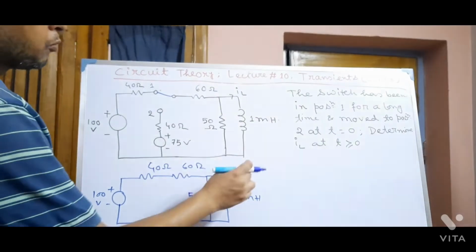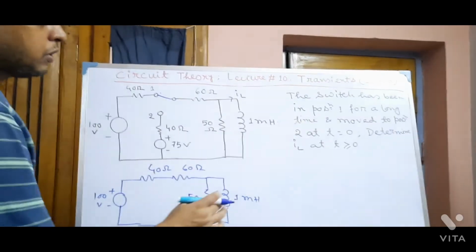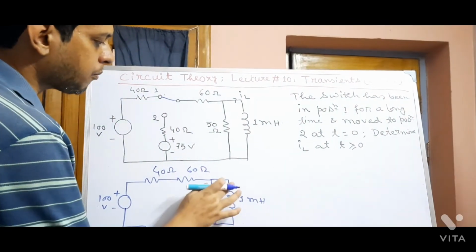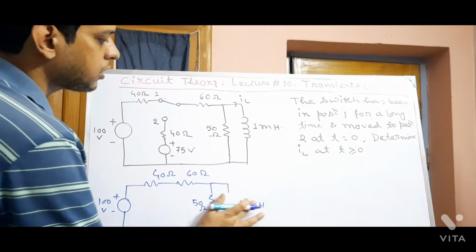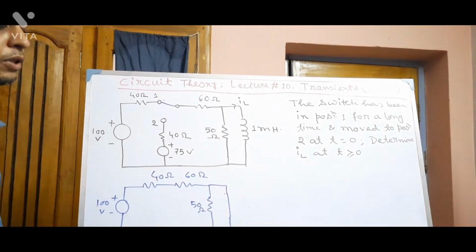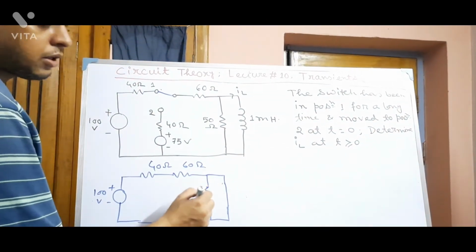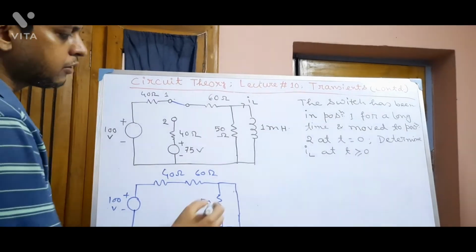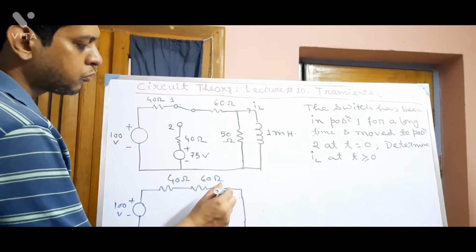Now, for an infinite amount of time, this circuit was there, so a steady state was there. In steady state, we can approximate this inductor as a short. Let us make it short. If this is shorted, then this 50 ohm resistance will be bypassed. That is, no current will flow through this 50 ohm.